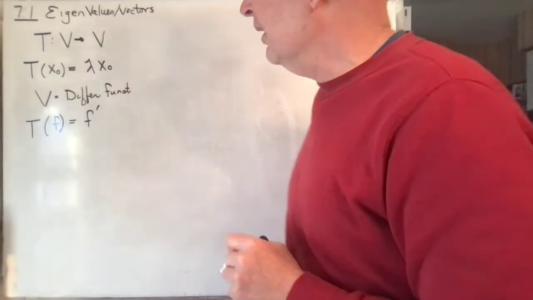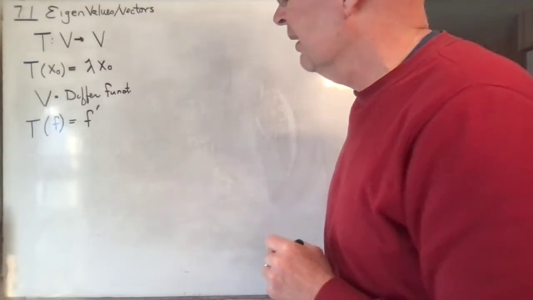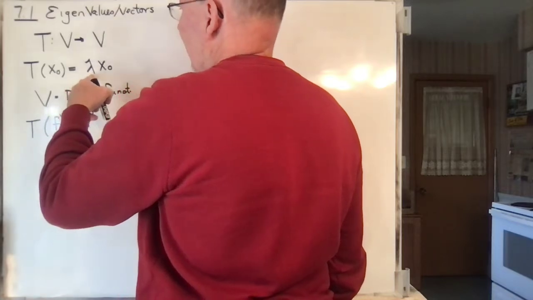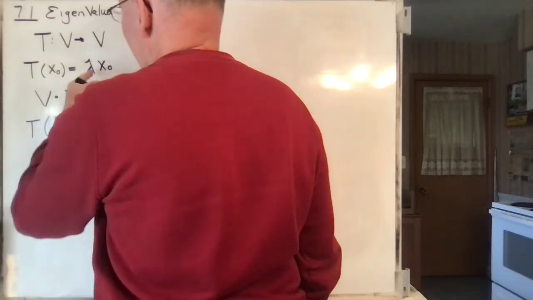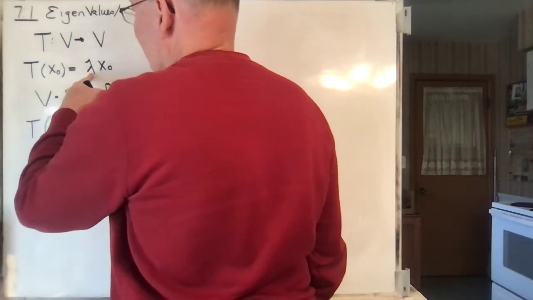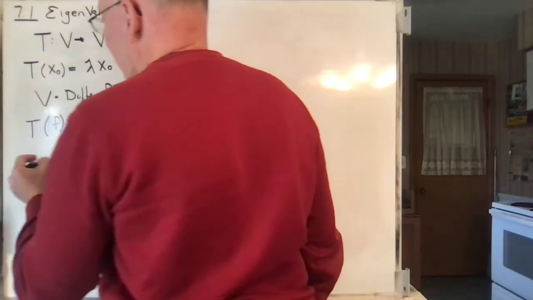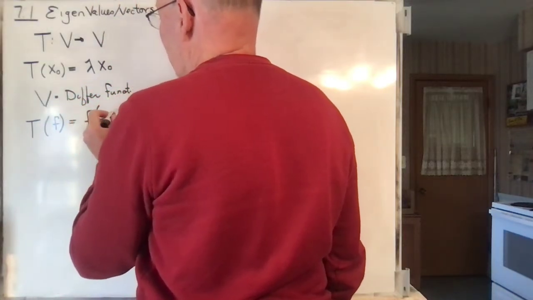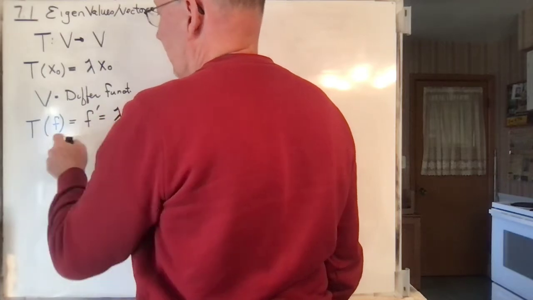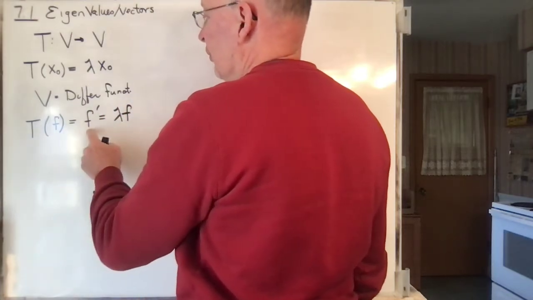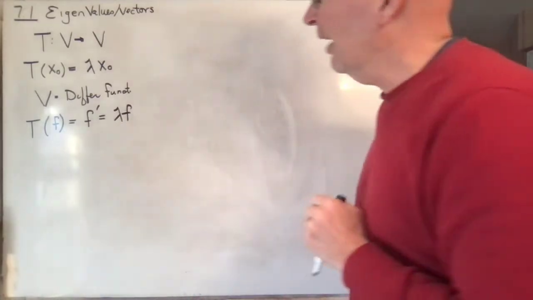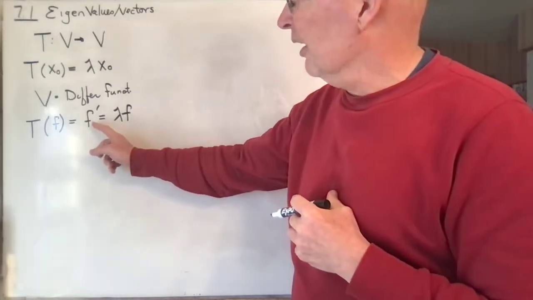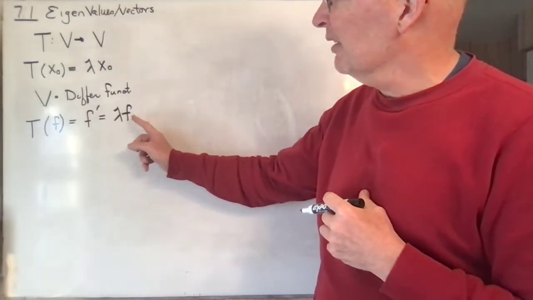So let's find all the eigenvectors that are associated with the eigenvalue lambda. That's the way I write a lambda. If T of f, which is f prime, is going to be equal to lambda times f, then what does f have to satisfy? What is a function such that when you take its derivative, you get lambda times that function?